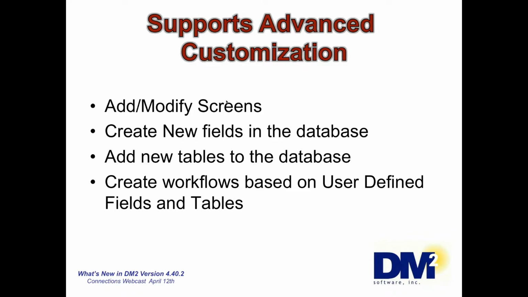The other thing it does, it supports advanced customization. So the newer versions of MAS, 4.3, 4.4 and later, have very, very sophisticated customization capabilities, where you can go in and add or modify screens. You can create new fields in the database. You can add new tables to the database. You can create workflows based on user-defined fields. So you can do all kinds of things to really leverage your IT resources and the people on your staff that are looking to add a little tweak here, a little tweak there.